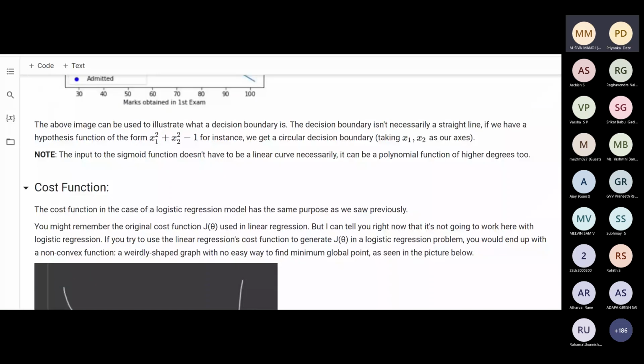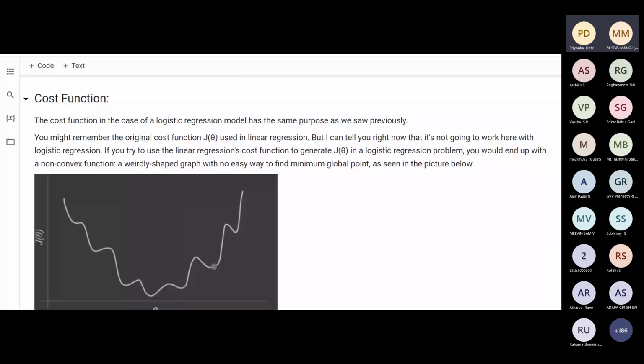Like linear regression, logistic regression also has cost functions that help us improve our model. But the mean square error method, which we used in linear regression, which is the difference between the predicted output and the actual output, cannot be used here because our logistic function, a sigmoid function, is non-convex.